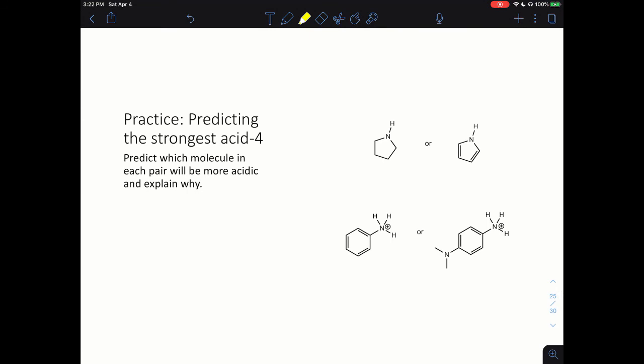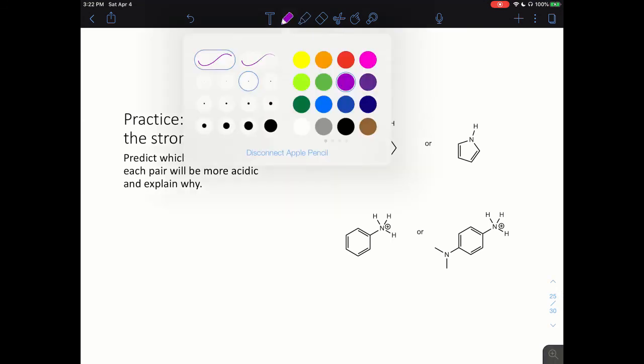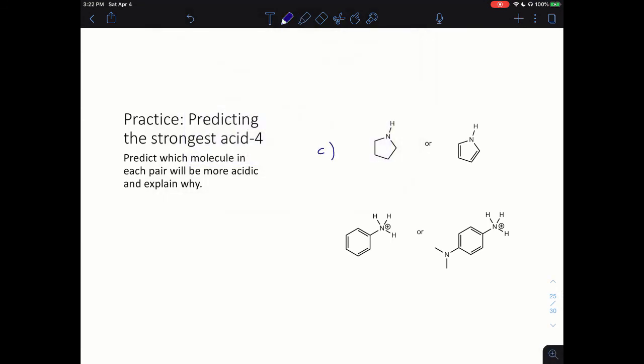Excellent. Let's take a look at this pair of questions. This is going to be maybe slightly more challenging, maybe not. Pause and take a look. So again, predict which molecule in each pair will be more acidic and explain why. Now we want to start by taking a look at the conjugate bases for each of these species.